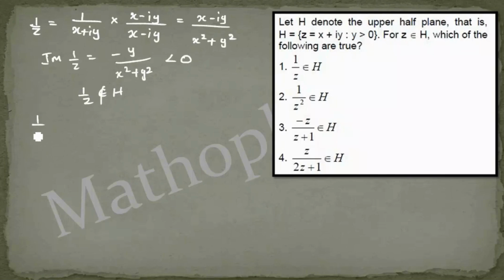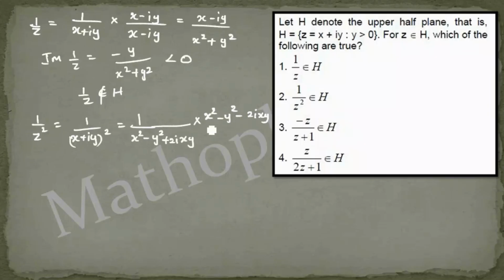Next second option, 1 by z square, which is equal to 1 by x plus iy whole square, which is equal to 1 by x square minus y square plus 2ixy. இதுக்கு conjugate multiply பண்ணிக்கலாம். x square minus y square minus 2ixy by x square minus y square minus 2ixy.